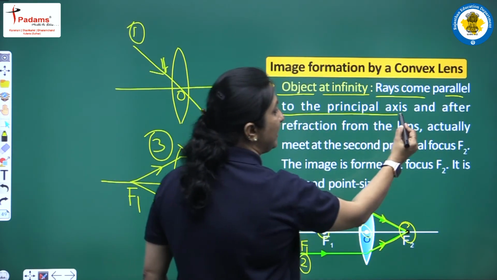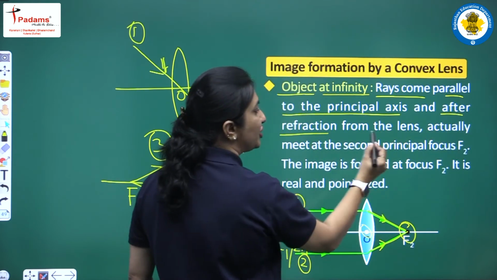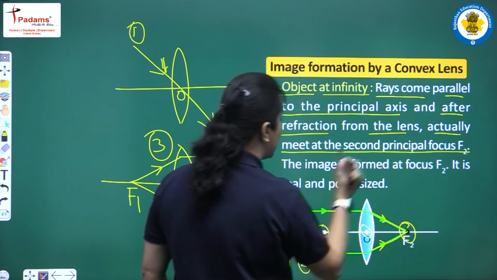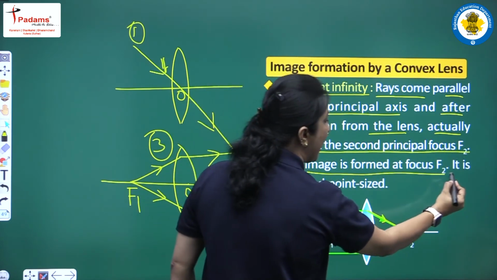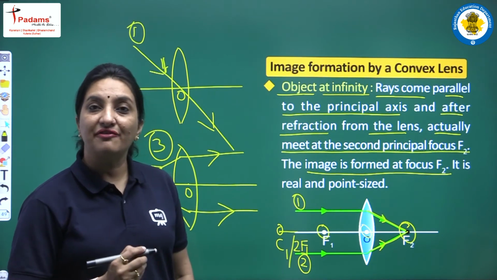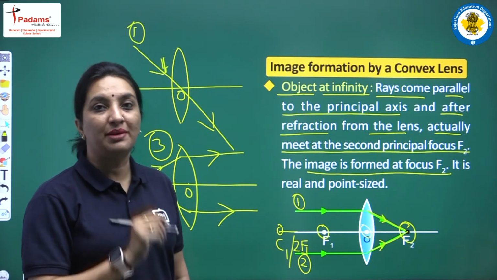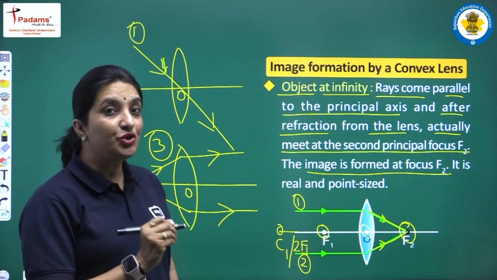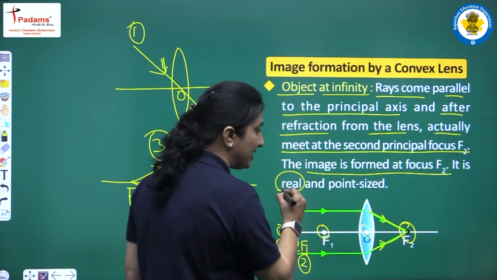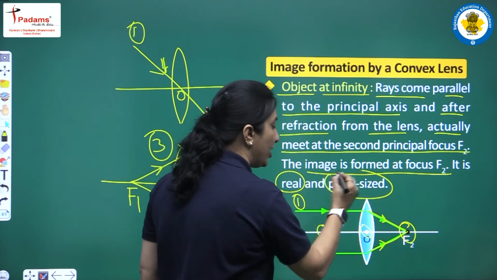So the rays come parallel to the principal axis and after refraction from the lens actually meet at the second principal focus, the image is formed at F2. Now students, since these refracted rays are actually meeting, the image formed is real and it is point sized.